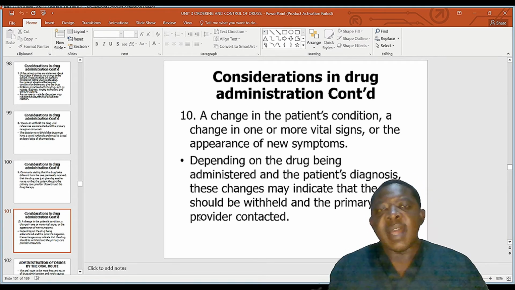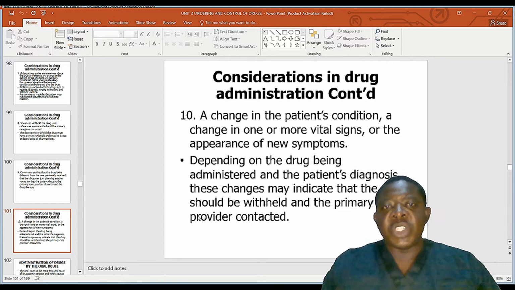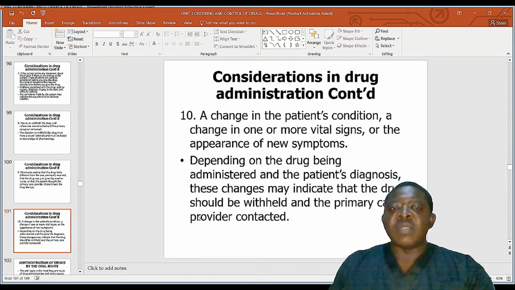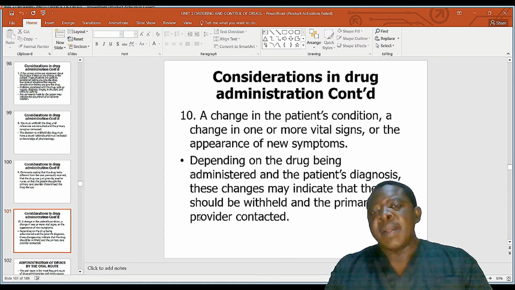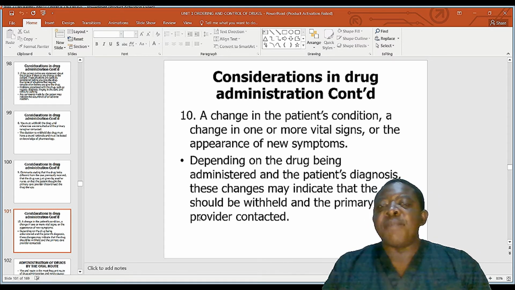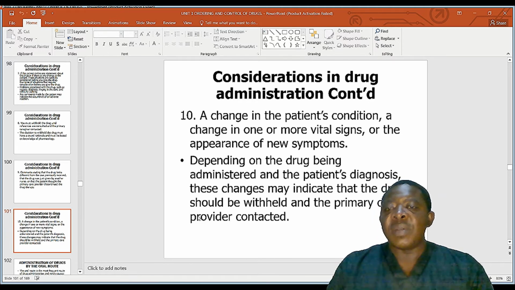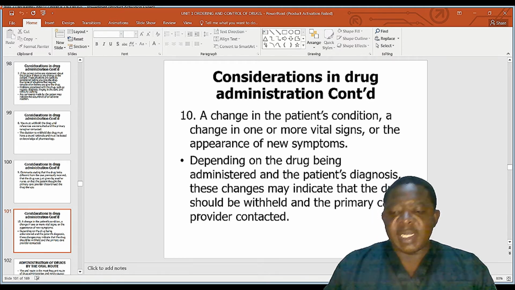Then the 10th one is a change in the patient's condition. A change in one or more vital signs or the appearance of new symptoms may necessitate the change of the drug, depending on the drug being administered and the patient's diagnosis. These changes may indicate that the drug should be withheld and the primary care provider contacted.